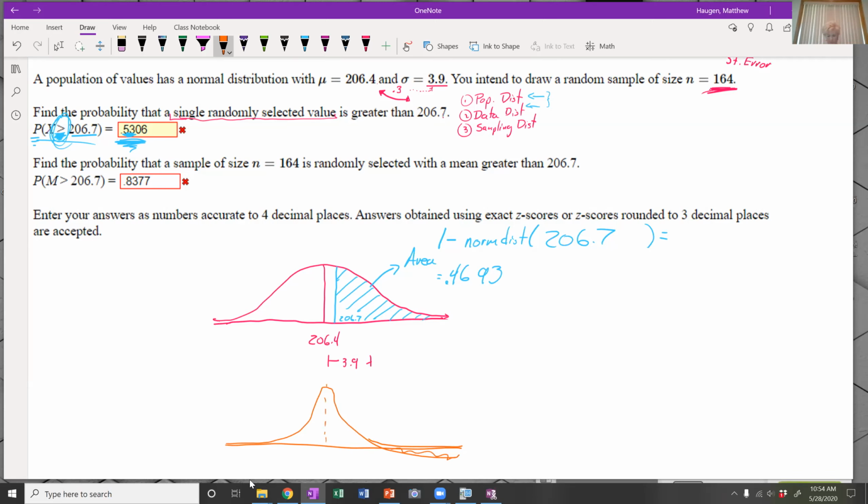It's still going to be centered around our 206.4 because that's the true average. So the average of our averages should be our average. But it's going to be much tighter in its distribution. So we're going to switch from our standard deviation to the standard error by taking our 3.9, our standard deviation, and dividing by the square root of that sample size, 164.